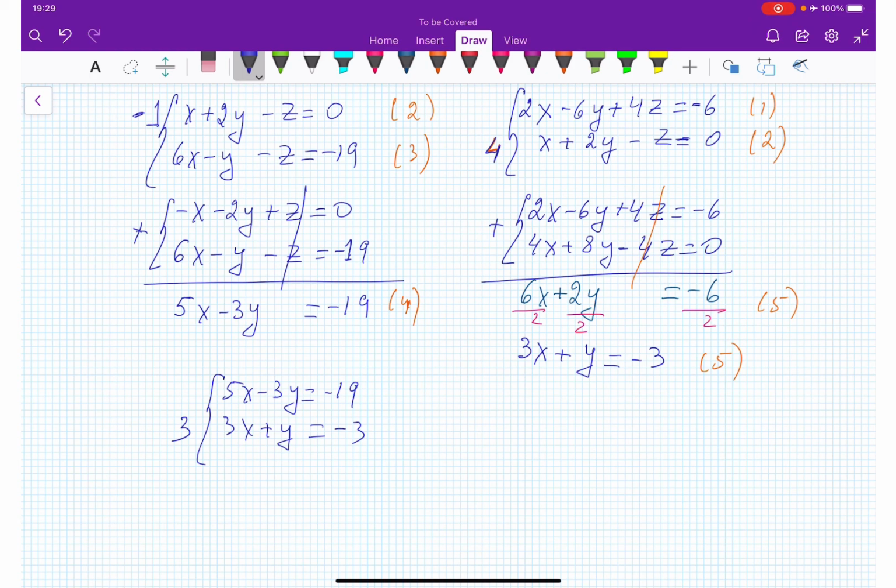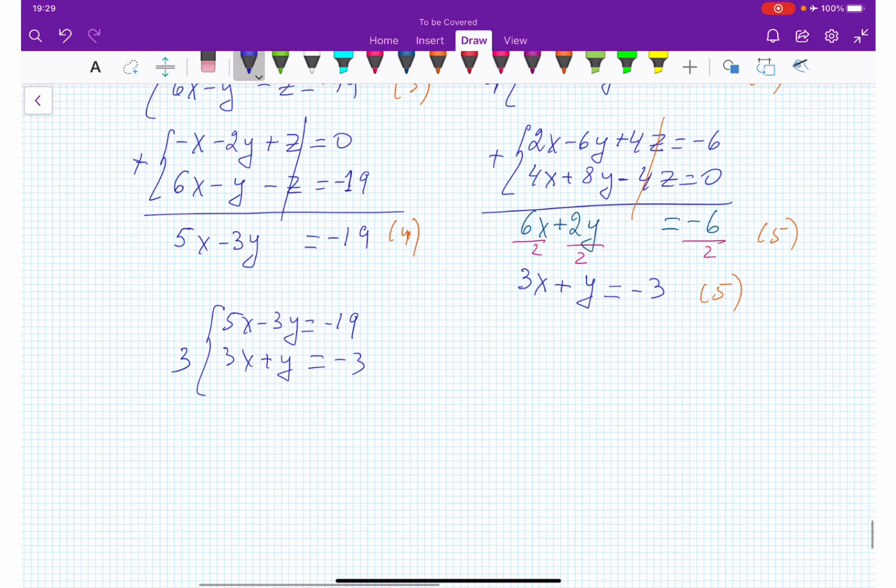So what we are going to get here, 5x minus 3y equal negative 19. 9x plus 3y is equal negative 9.